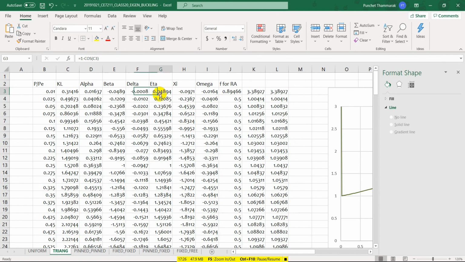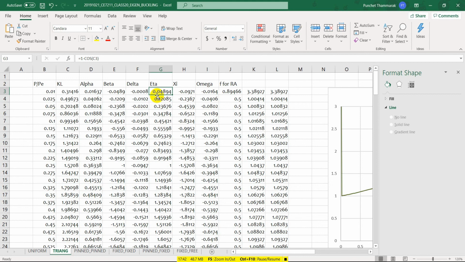Okay, let's move to eta. Previously it was C before eta.